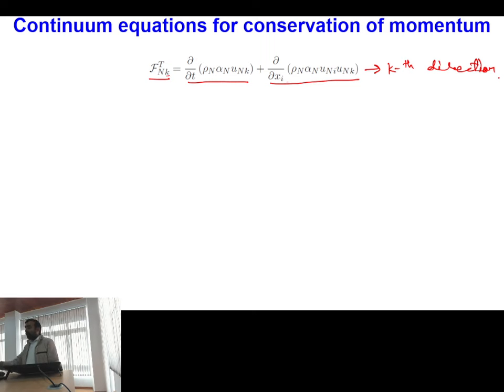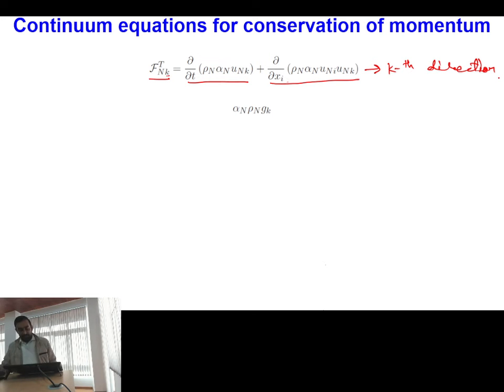Okay. Now, whenever we have to consider the forces, we will have three different types of forces. One will be body forces, another will be surface forces which act because of the boundary effect, and the third type will be interaction from one particle to another particle. Or in other words, from the other phases on the nth phase which we are actually considering.